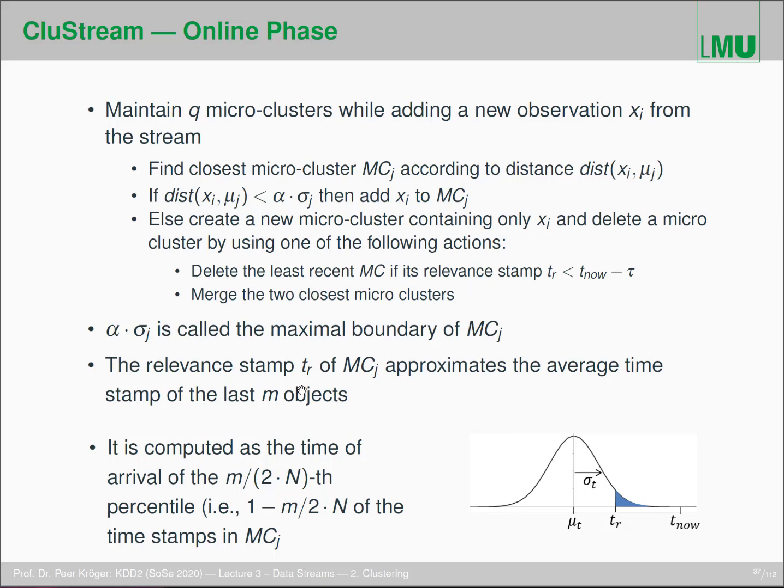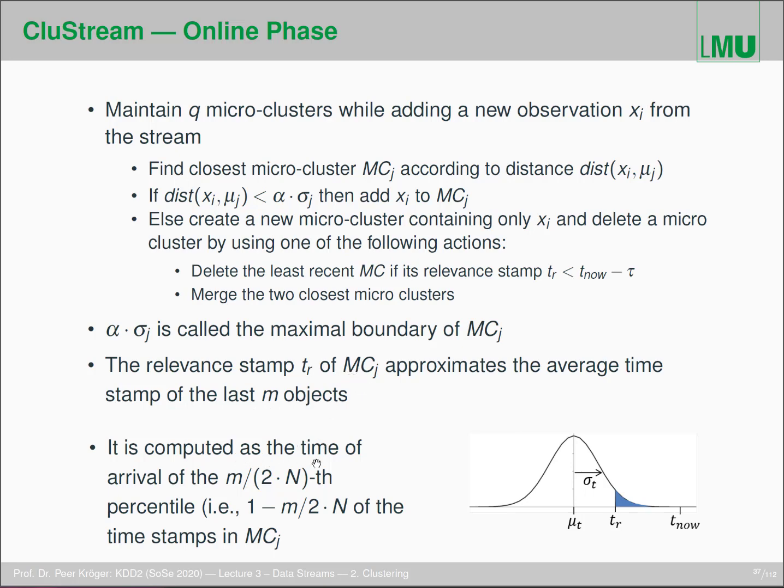We need this relevance stamp saying if the microcluster is outdated already or not. This timestamp approximates the average timestamp of the last M objects of this microcluster.